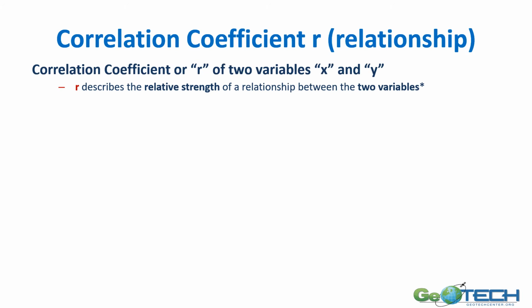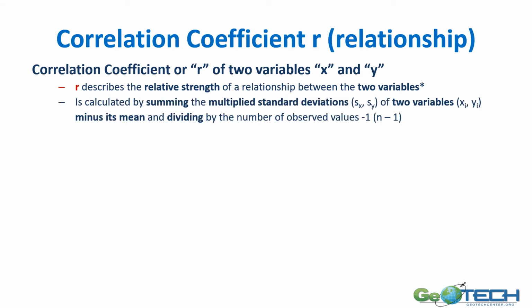Correlation coefficient, and you'll see it as the little r, its relationship. So if I have two variables, can I describe the relative strength of that relationship between the two variables? It is calculated by summing the multiplied standard deviations of the two variables, here symbolized by x and y, minus its mean and dividing by the number of observed values.